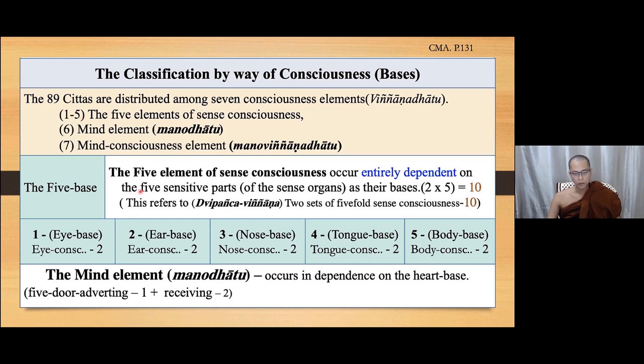So the 5 bases, 1 to 5. The 5 elements of sense consciousness occur entirely dependent on the 5 sensitive parts. That's why, without the respective sensuous base, these sense consciousnesses cannot arise. For example, by the absence of the eye base, for a person who is blind from birth, because the eye base is absent, eye consciousness cannot arise.